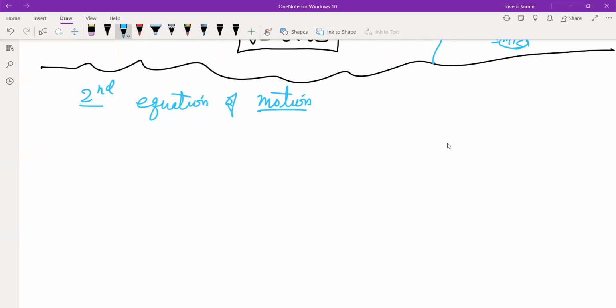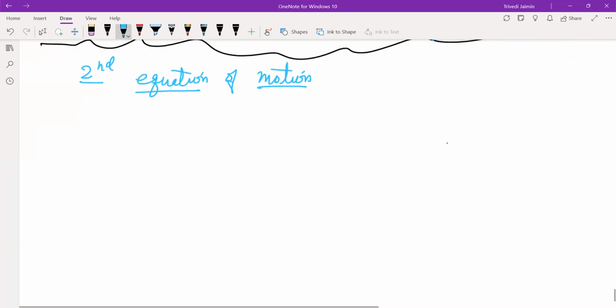Okay. So this is S is equal to UT plus half AT square. Exactly. So here we need to take the average velocity. We have two velocities, initial and final, so V plus U by 2.